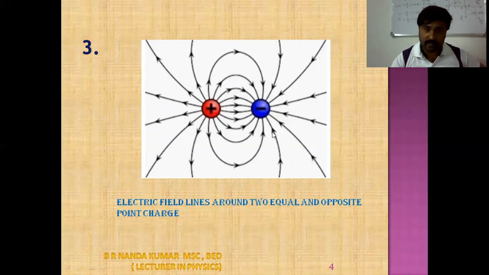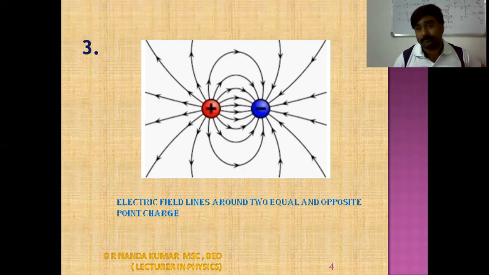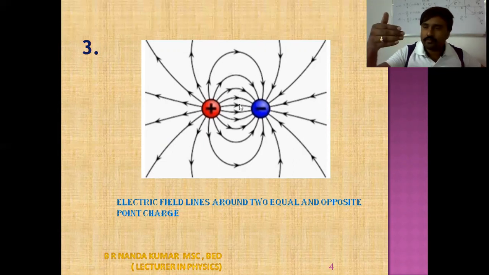And the next property: when electric field lines are closer, the electric field strength is stronger. Look here. Actually, here the electric field lines are very close to each other. If the electric field lines are very close, the electric field strength is much stronger.